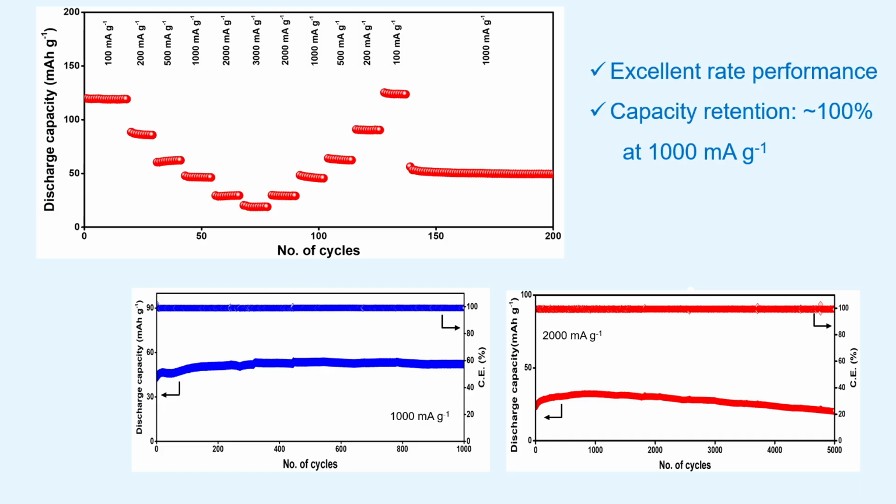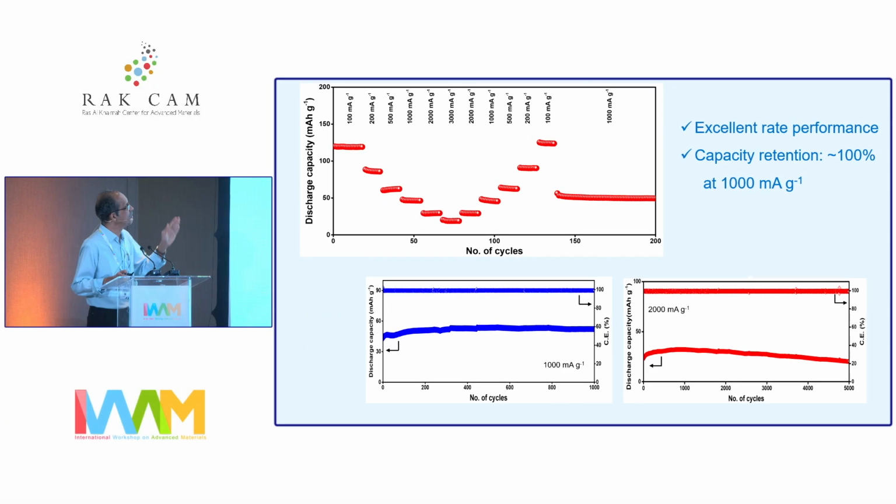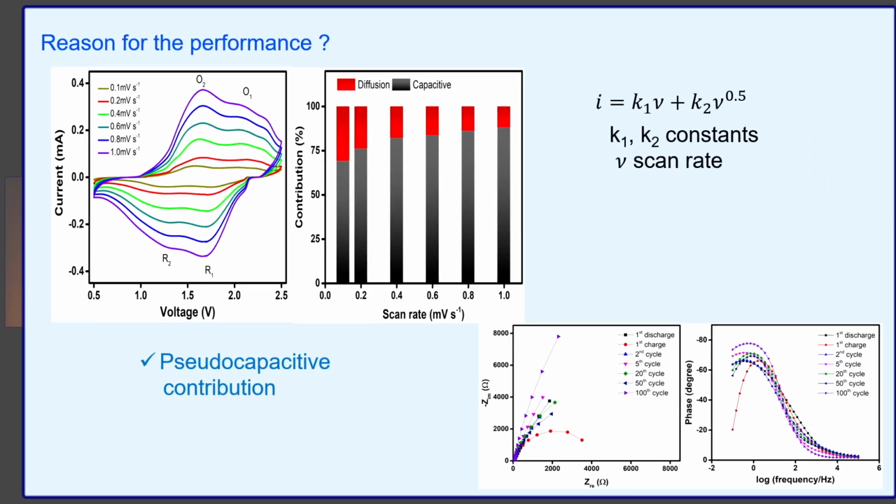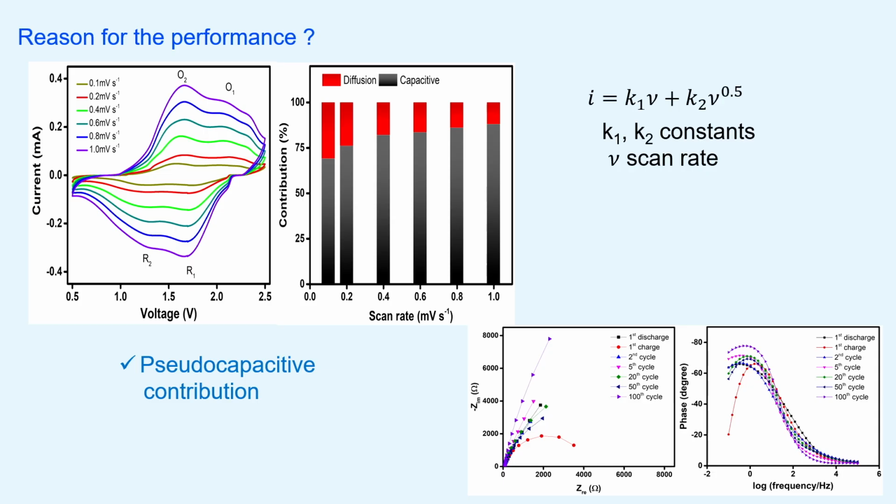You just have the fast charge and discharge coming down, and then again you take it back, more or less having capacity retention of about 100%. So a fairly large number of cycles happen, and these are essentially because of the polymer acting in a particular way. I'm just going to tell you why this performance. This is the performance that we see here based on certain electrochemical conditions.